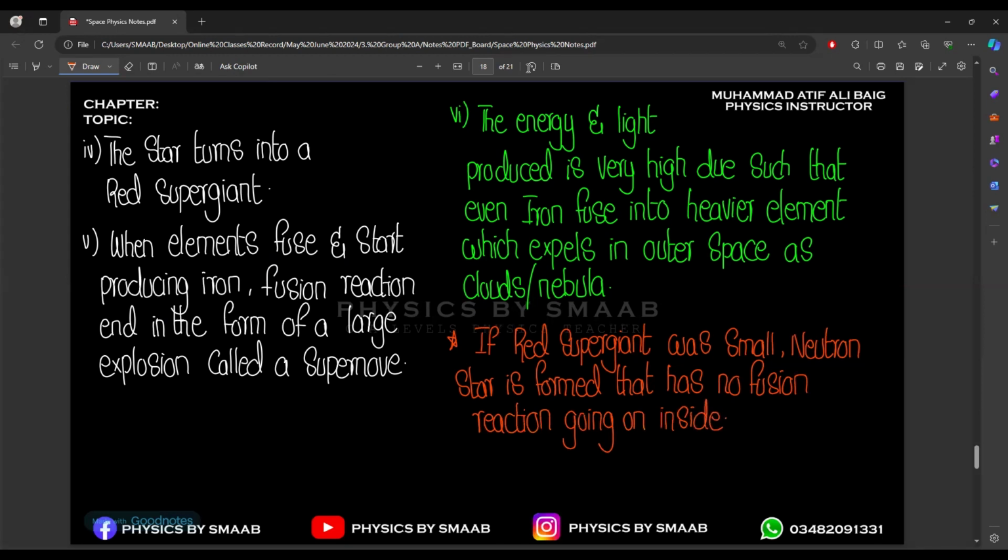Just like the normal condition of the supermass star, the nuclear fusion reaction takes place. But if the red supergiant was small, it converts into the neutron star, and there is no fusion reaction, but a large amount of heat is being radiated.